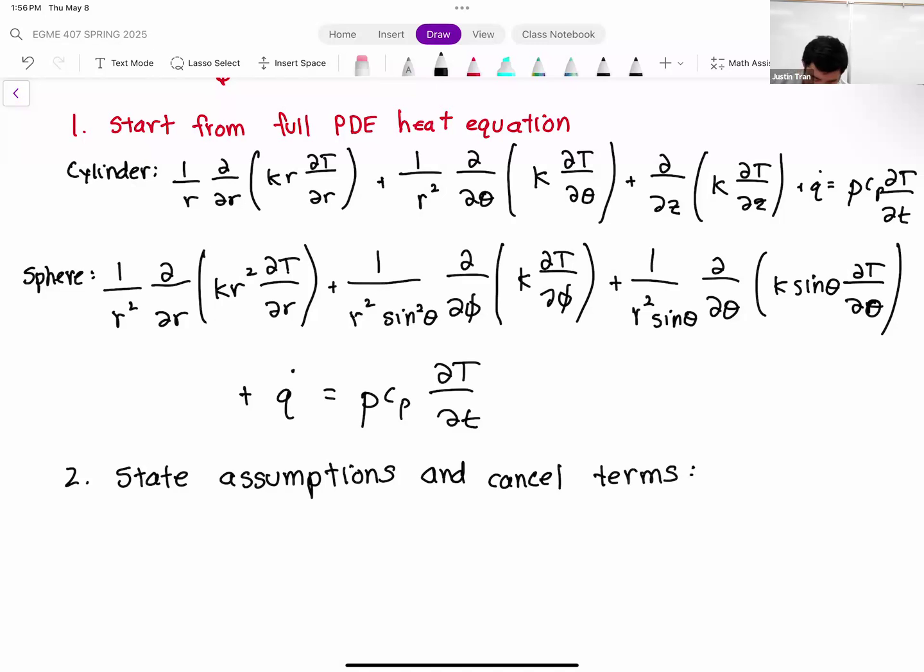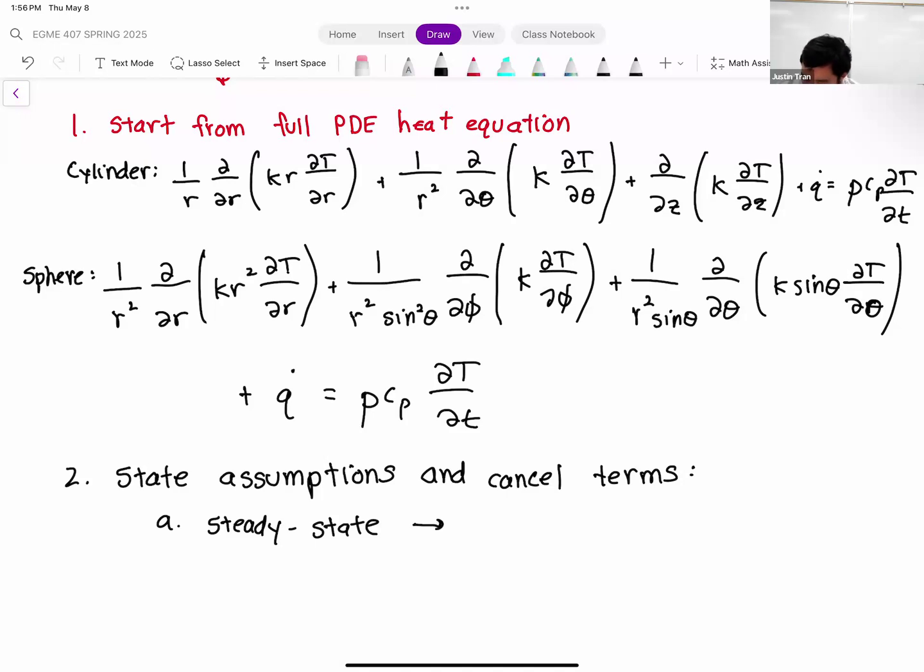Let me list out some common assumptions. The first assumption is steady state. We did do transient conduction for a little bit in this class, but that's not going to be on the final, so you can assume everything here is steady state.